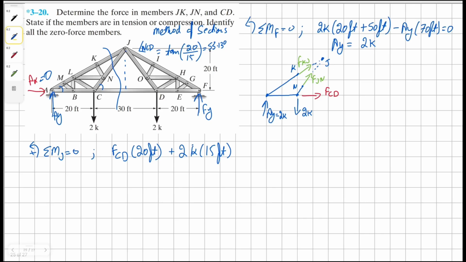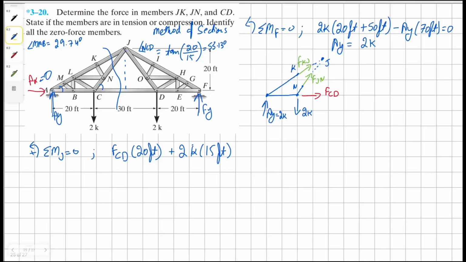And for angle MAB, it's going to be tan of 20 divided by 35, and it comes up to be 29.74 degrees.